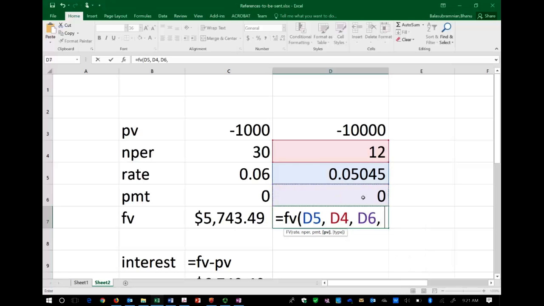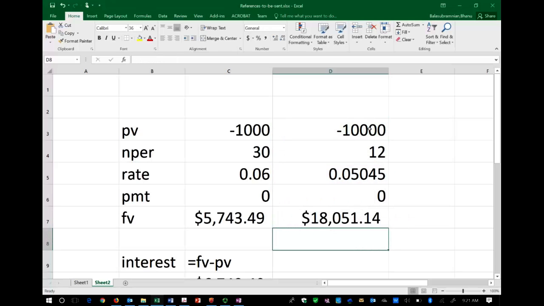Payment is 0 and then present value, and even if I don't say 0, I will get to this number. Is everybody getting this number? Anybody not getting this number? Okay.